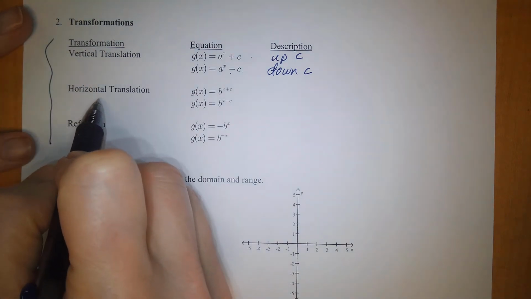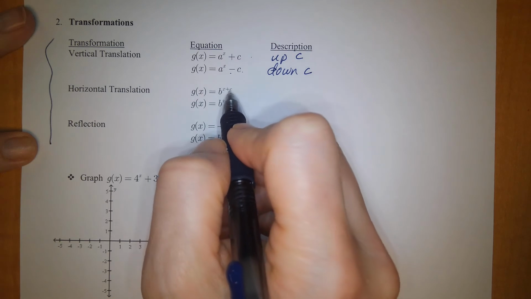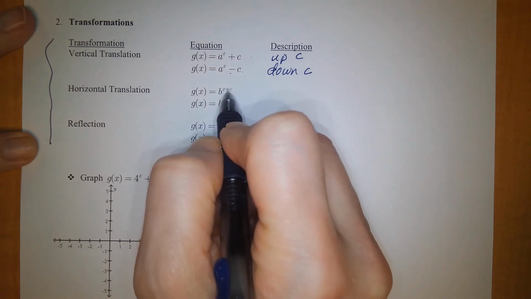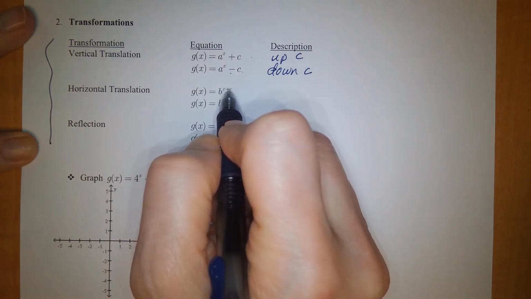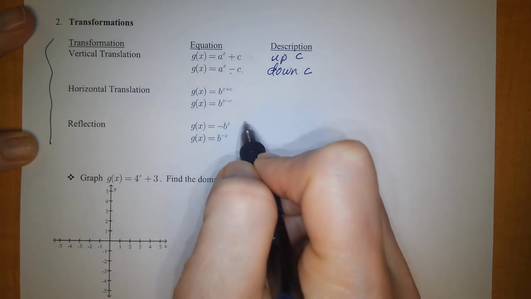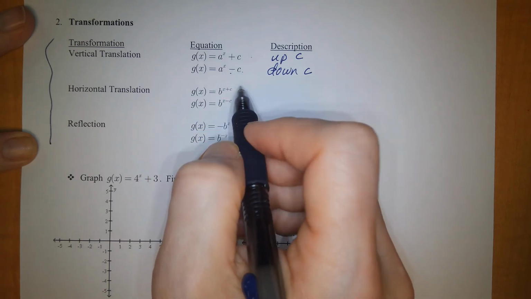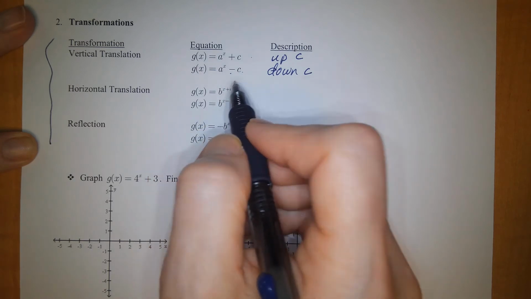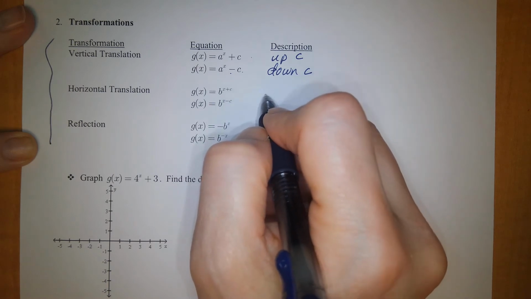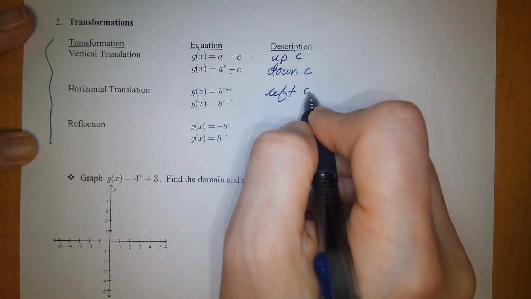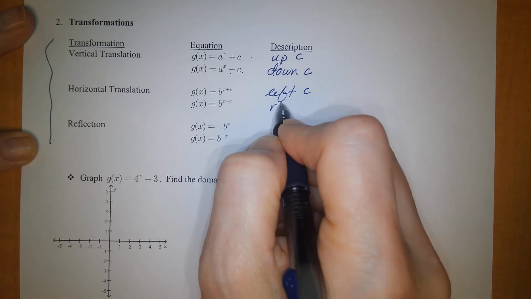A horizontal translation means you're adding or subtracting a number, but this time it's inside the function where the x is. In this case, the x is up in the exponent. So if you add a number inside the function, that moves it left. And subtracting a number moves it right.